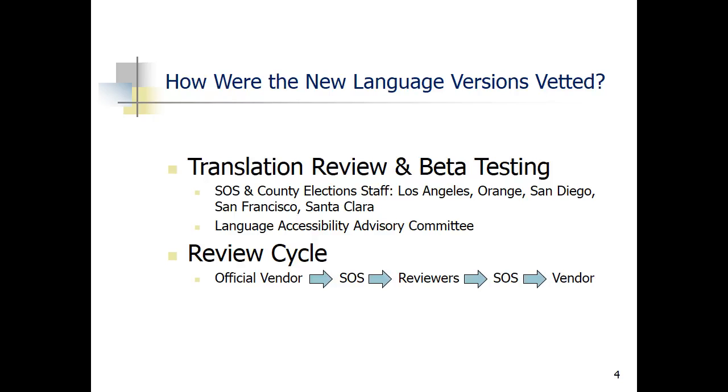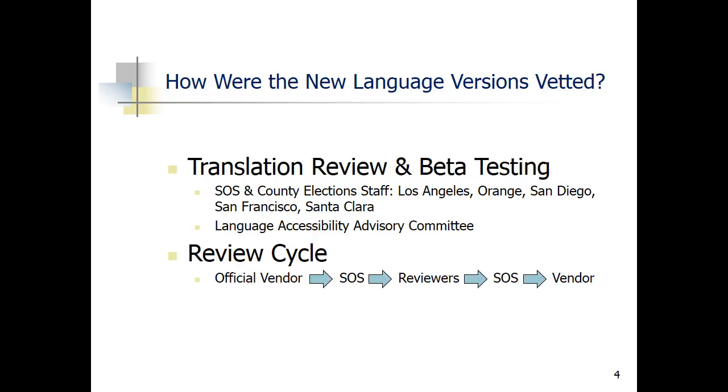But we decided this time to bring in also people from a Language Accessibility Advisory Committee, and these are representatives from community-based organizations around the state. Have them come in early and look at the early translations coming back from our vendor and give us input on that and help us improve that so that before we go live with the website, we've actually vetted those translations with the communities and make sure that they are good.